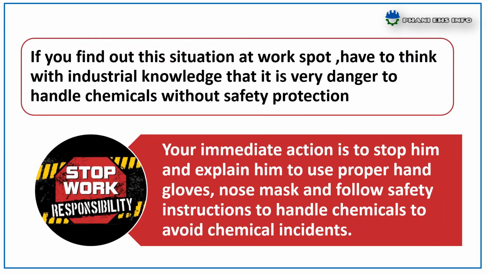If you find this situation at the work spot, you have to think with industrial knowledge that it is very dangerous to handle chemicals without safety protection. Your immediate action is to stop him and explain to him to use proper hand gloves, nose mask and follow safety instructions to handle chemicals to avoid chemical incidents.